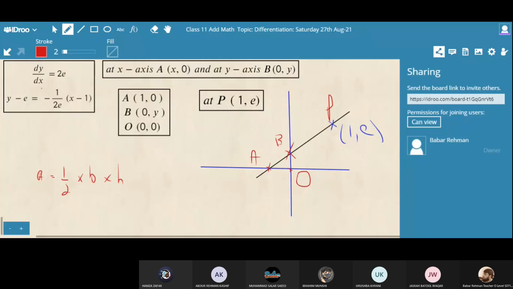Hamza Zafar says the area is E upon 2. But is this the correct answer?